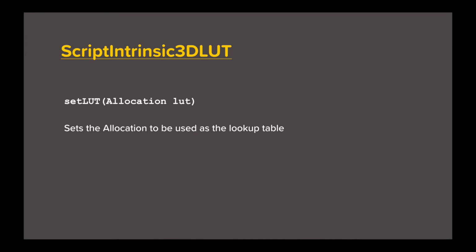So I went ahead and looked at the APIs that we can use. There was a function called setLUT, which takes in an allocation. Allocation is Renderscript's way of doing malloc and calloc, like allocating some memory. Renderscript uses C99 under the hood, so it doesn't deal with malloc and calloc. Instead, it uses this allocation.